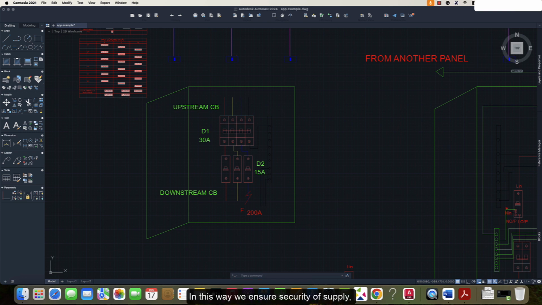In this way, we ensure security of supply. Security of supply means ensuring a reliable and uninterrupted power flow to the non-faulted parts of the system, which is a crucial consideration for electrical designers. Effective discrimination is essential to maintaining the security of supply.